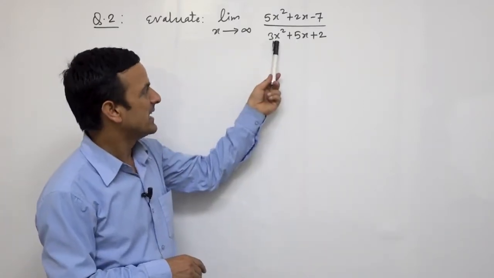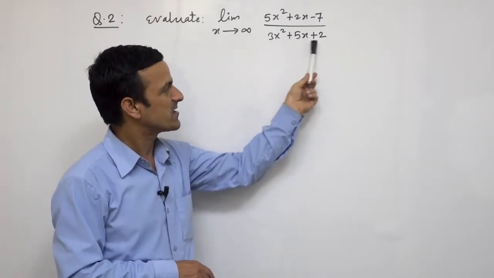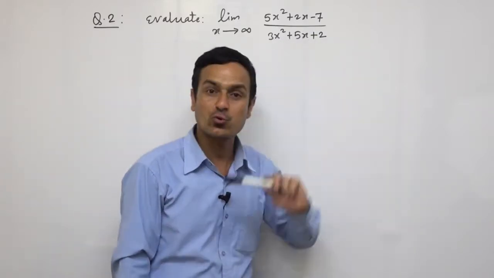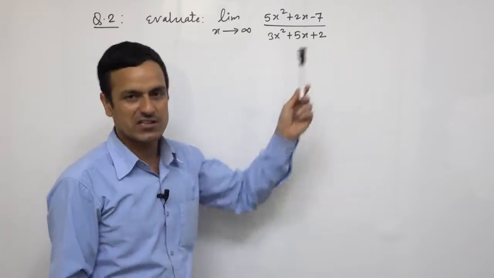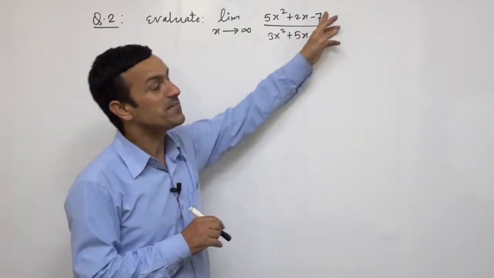Similarly, in the denominator, if you put the value of x as infinity in this term, then we get 3 infinity plus 5 infinity plus 2. So the overall result is also infinity. So this is the form of infinity by infinity.